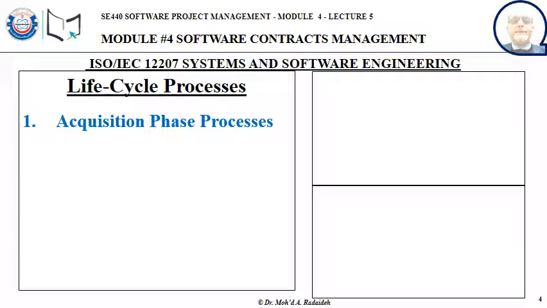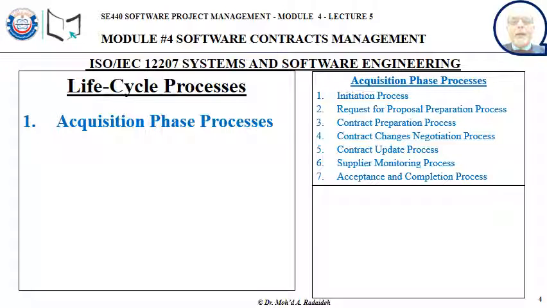The acquisition phase processes include, but are not limited to, the initiation process, the request for proposal preparation process, the contract preparation process, contract changes negotiation process, contract update process, supplier monitoring process, acceptance and completion process.